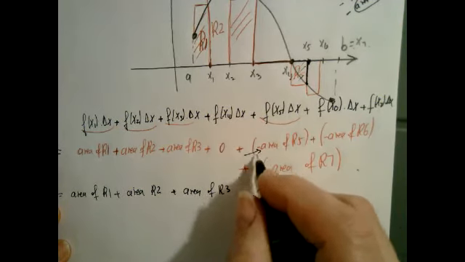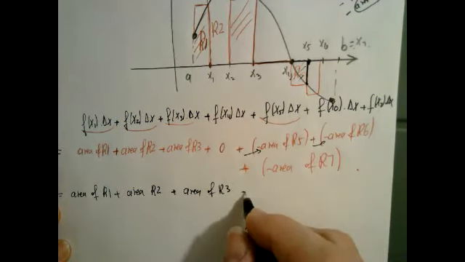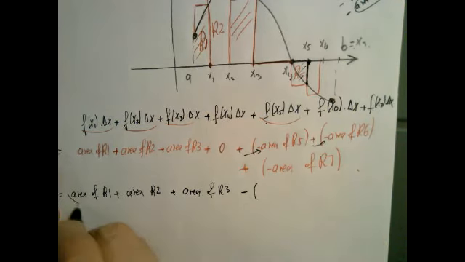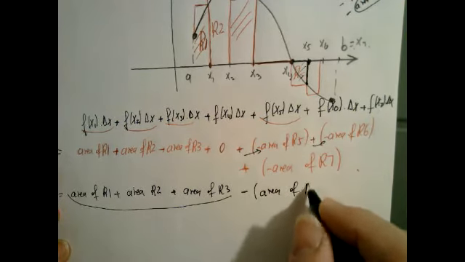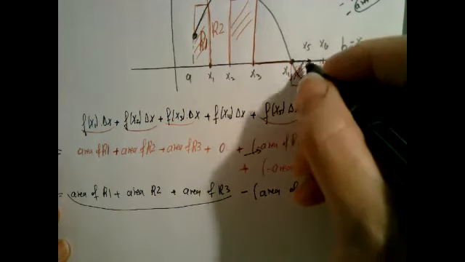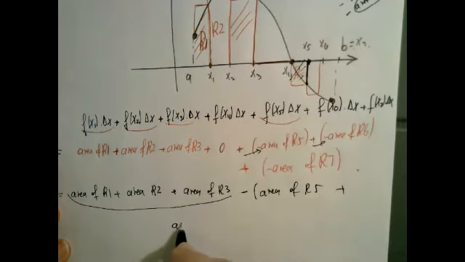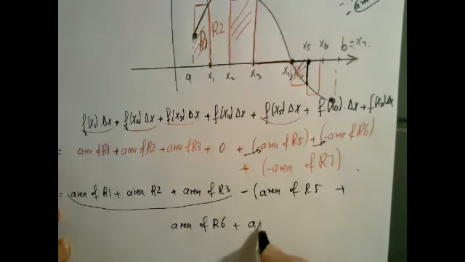But then I'm going to factor out this minus: minus area of R5 minus the area of this plus that plus this.